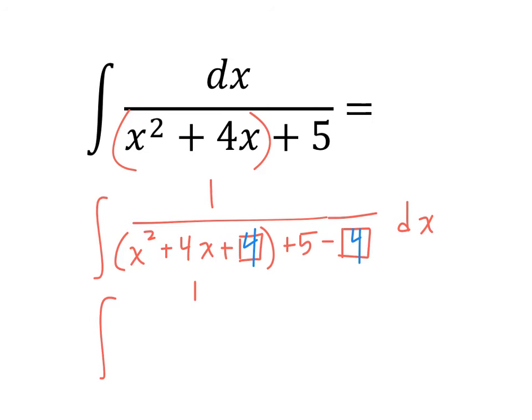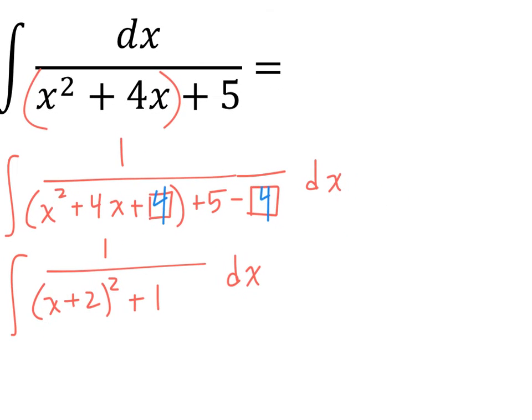All right, now this becomes 1 over x plus 2 squared plus 1. So now inverse tangent, right? We recognize that is the inverse tangent form. So u is x plus 2, and then du is dx.